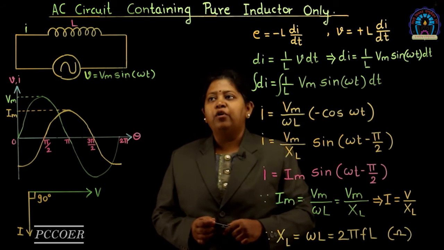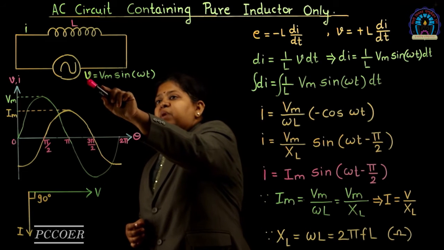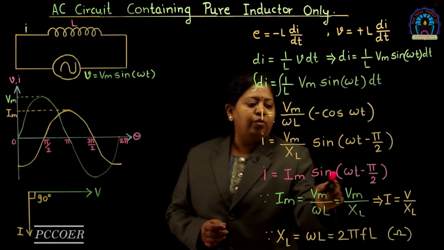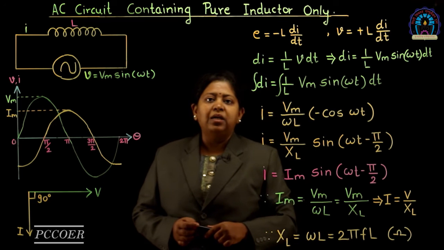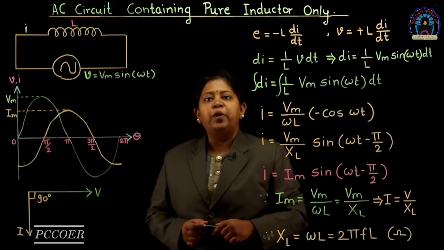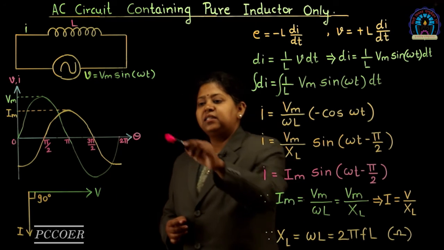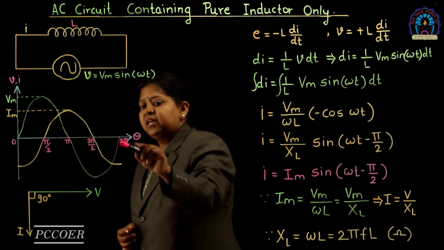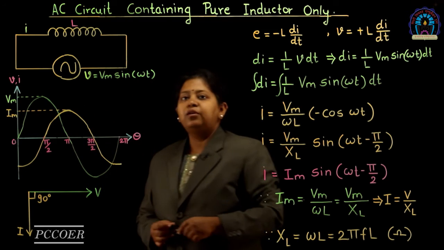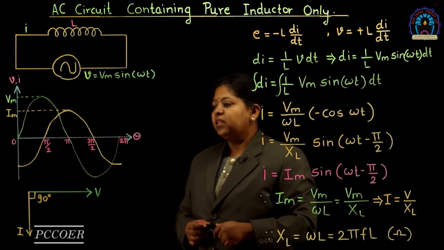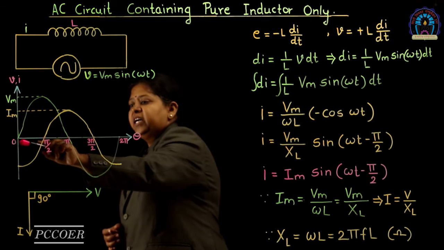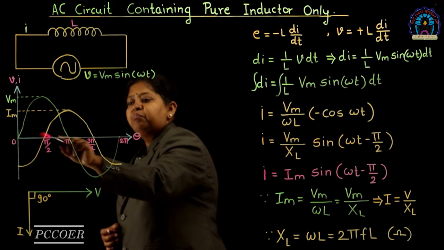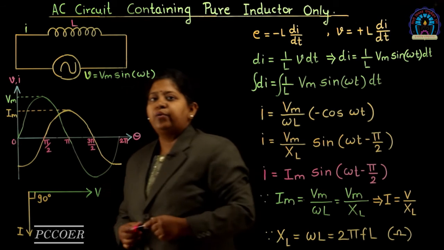Now here we have got two equations. One is V is equal to Vm sin omega t and I is equal to Im sin omega t minus pi by 2. Both are alternating quantities. If we plot these alternating quantities against theta, we get the graphical representation of voltage and current. These are two sinusoidal waveforms. Here we observe that voltage is 0 at theta equal to 0, but current is 0 after pi by 2 radians.